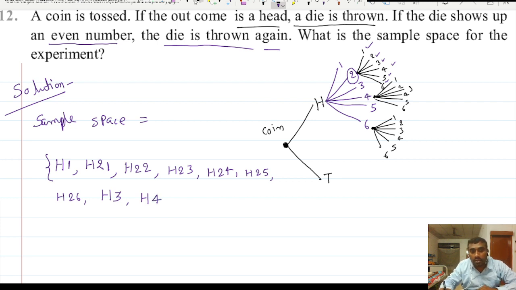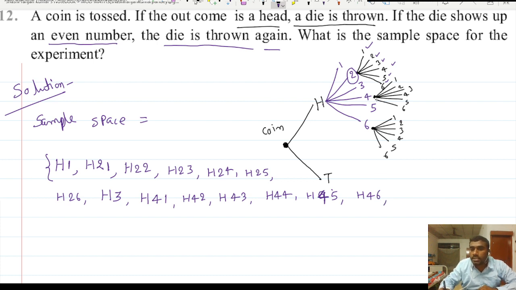This is an even number, so you have to throw the die once again. Again 1 to 6 cases are possible: H4 1, H4 2, H4 3, H4 4, H4 5, or H4 6.